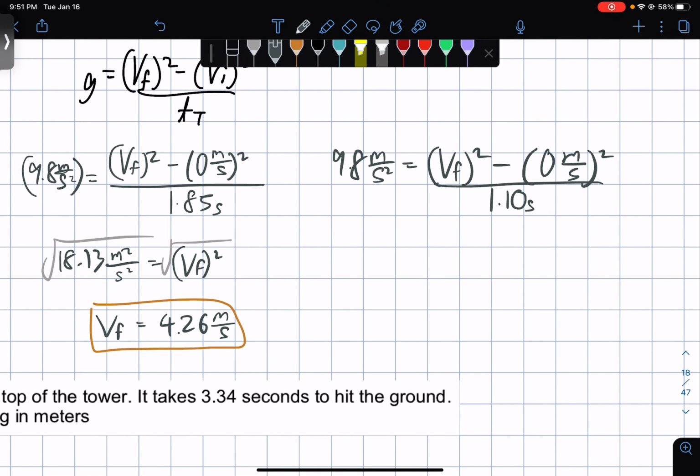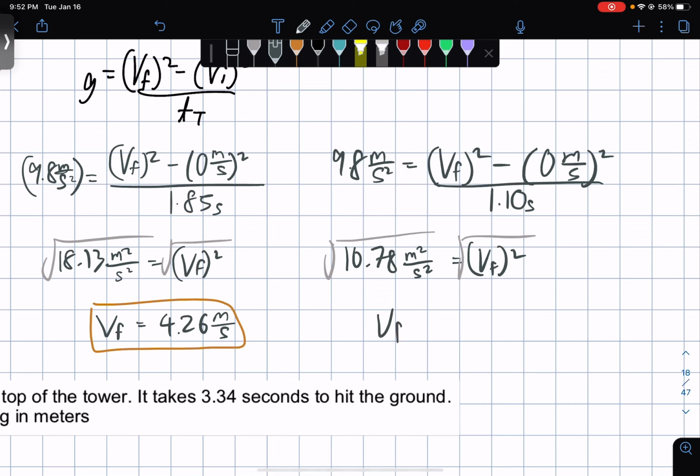So 9.8 times 1.10 is equal to 10.78. And then we have Vf here, so what is the square root? According to the calculator, Vf is then equal to 3.28 meters per second.